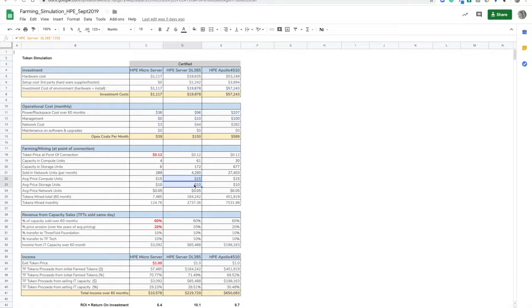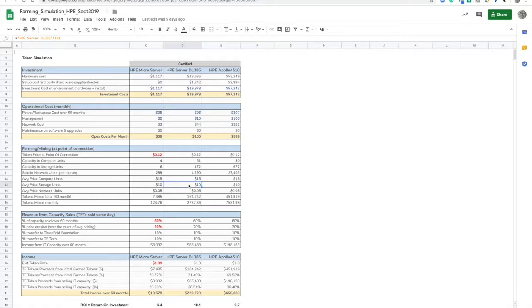The full sales potential is very simply the number of compute units times the average compute unit price worldwide, plus the number of storage units times the average price worldwide for a storage unit. That's the sales capacity value that you have inside your box.